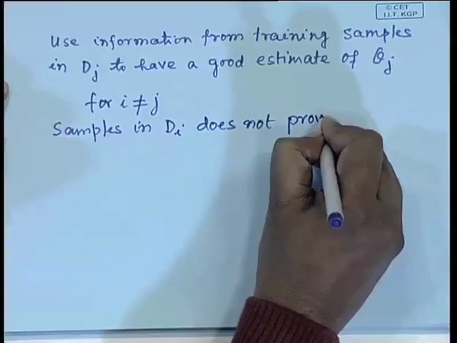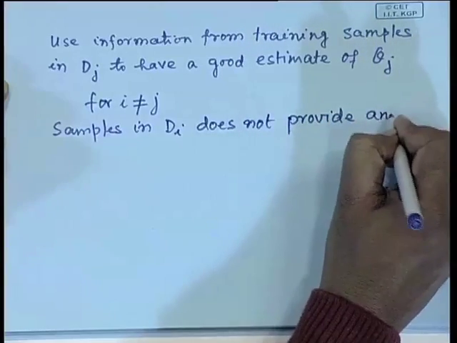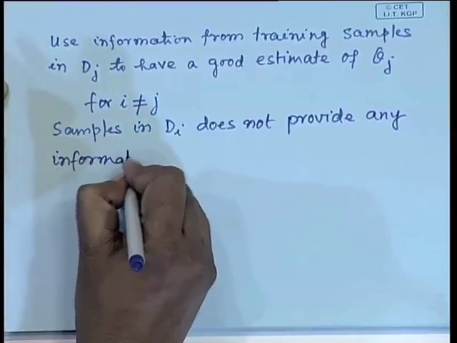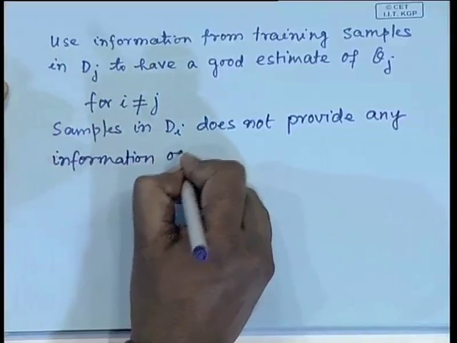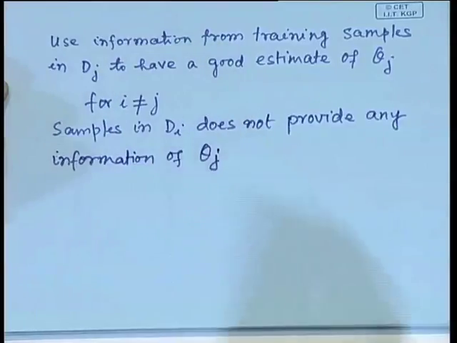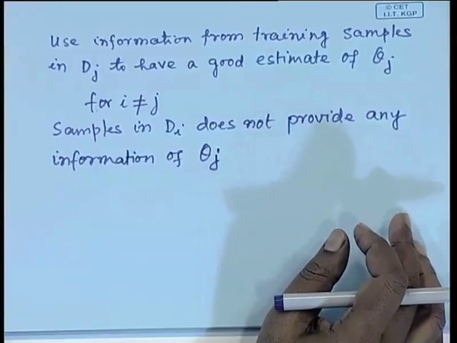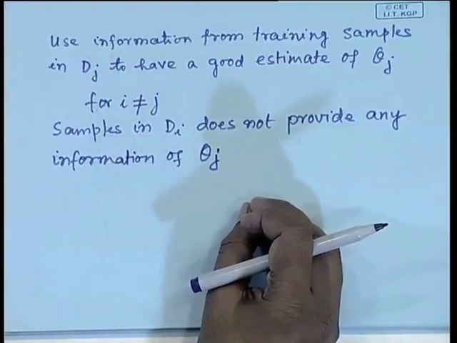That means the samples belonging to different classes are really independent. Samples from one class do not provide any information about the parameter vector of the probability density function of another class. And we have also assumed that the samples are drawn independently.